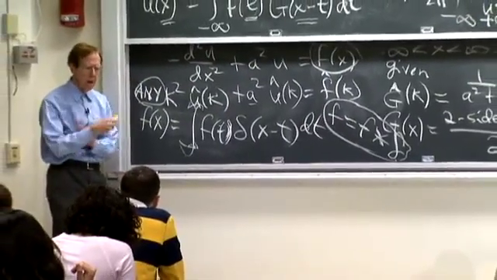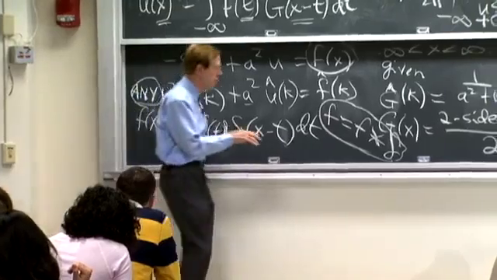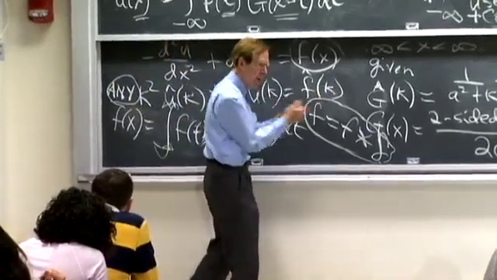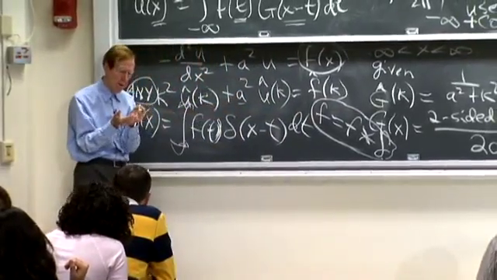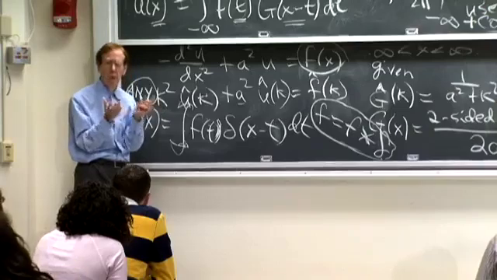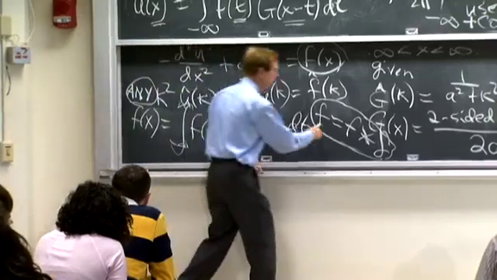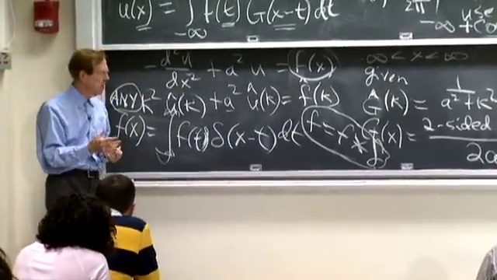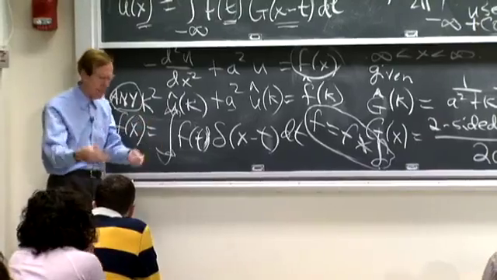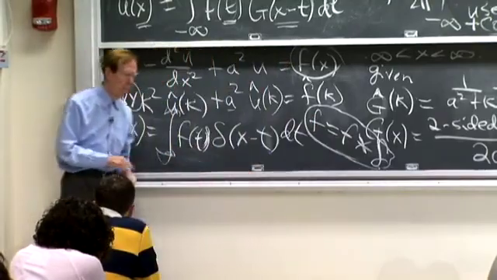In convolution, delta is 1. Because when I go to the other space and I get a multiplication, it really is 1. In the other space, this convolution in x space turns into multiplication in frequency space, and it just tells me that f hat is f hat times 1.